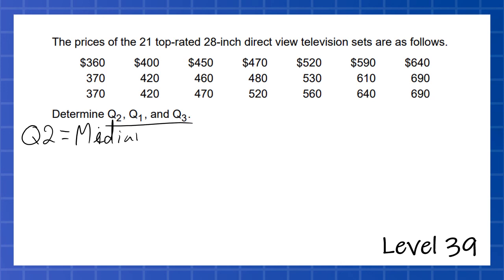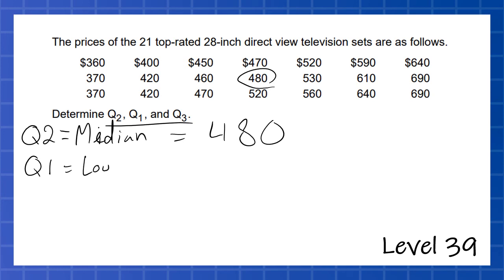So the median is our middle number. So if we look in order, what we'll see is our middle number is going to be 480. That's the number exactly in the middle. If we look for Q1, what we're looking for is the lower quartile. And so that's like the median of the lower half.